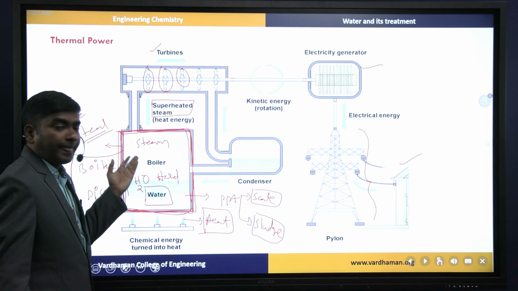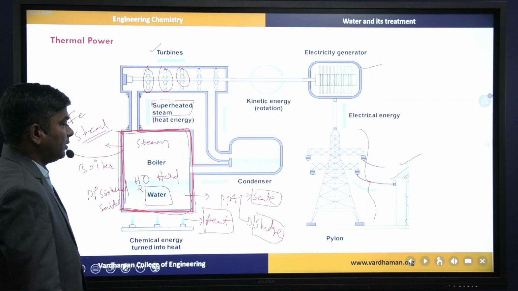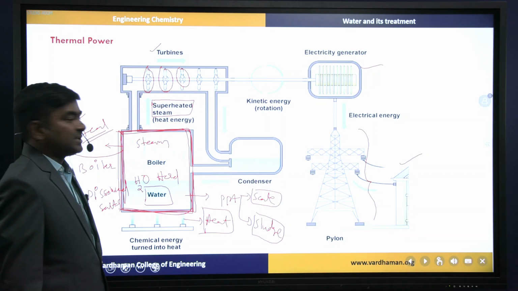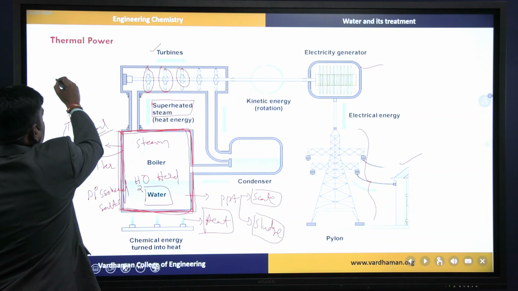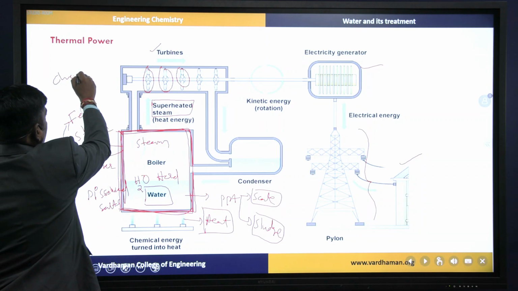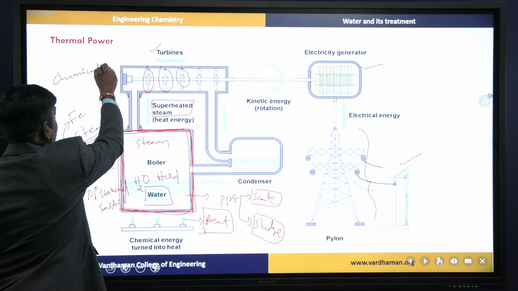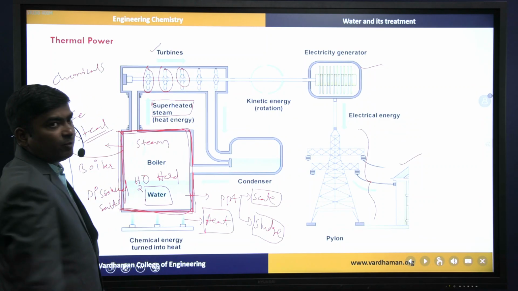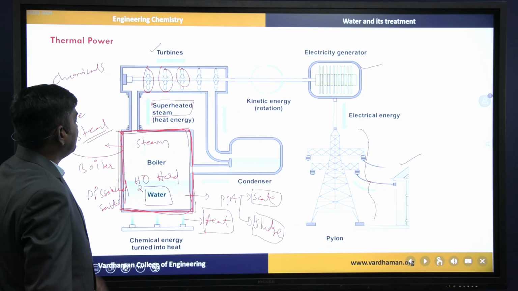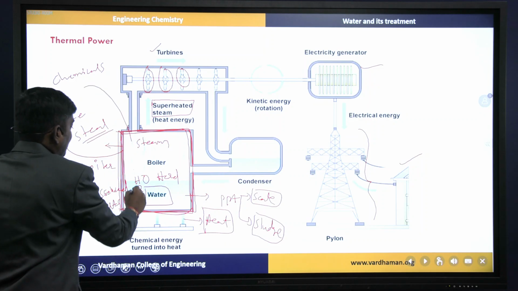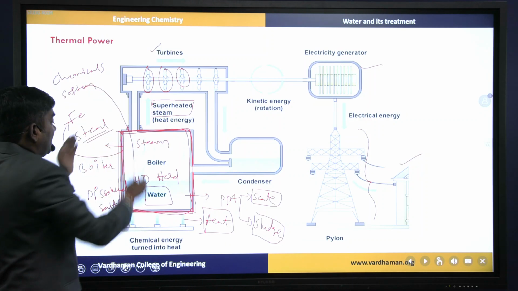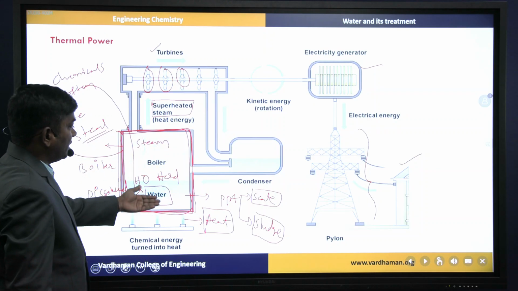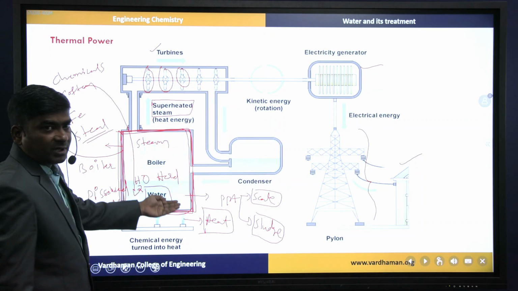In the internal treatment of boiler feed water, we add some chemicals to soften the water inside the boiler, to remove the dissolved salts.